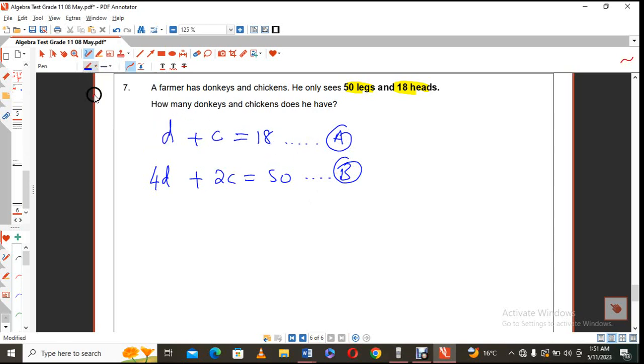It's totally up to you what method you want to use, but I'm going to multiply the whole of equation A by 4, just so I can eliminate.